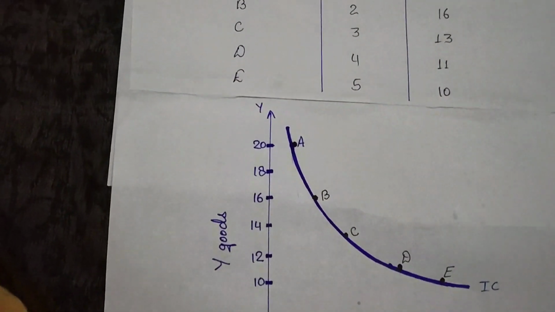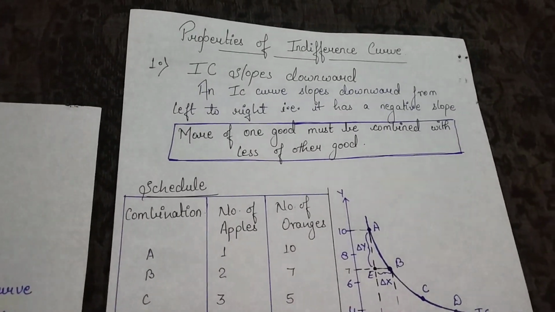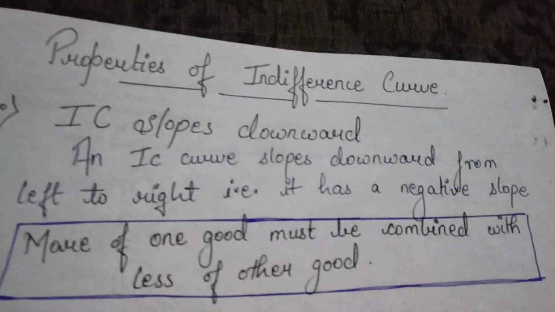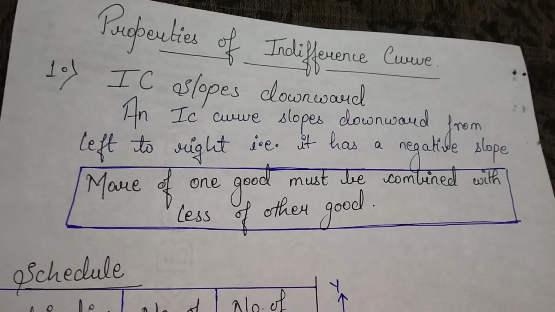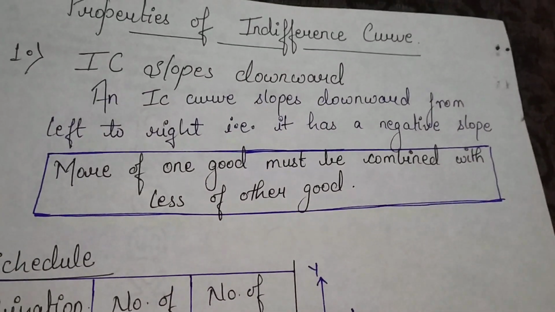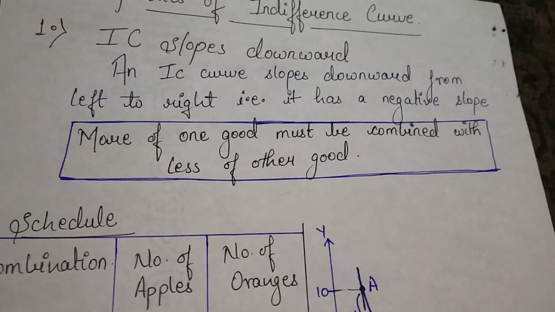Okay, so now we have to discuss the assumptions and properties. The assumptions we will discuss later. First of all, we will discuss the properties of the indifference curve. The first point is that the indifference curve slopes downward. Now the question arises, why does the indifference curve slope downward?